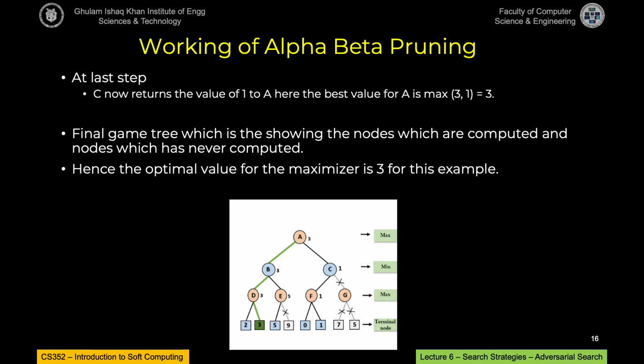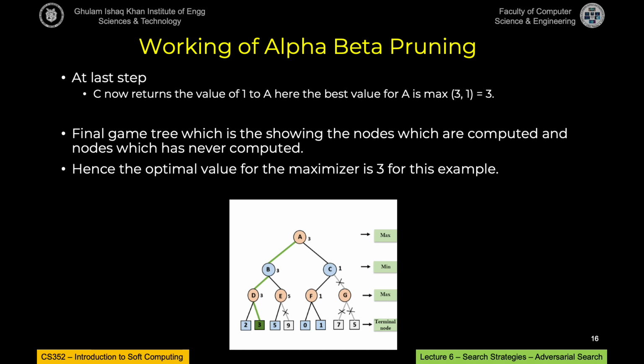But keep in mind, if there was no pruning, we might have selected a different value for C, we would have selected a different value for G, and we might have selected a different value for E. It's not necessary that by pruning you're going to get the same values back for all nodes, but it does guarantee that you will get the same value for the root node, the node for which you are asking the question.